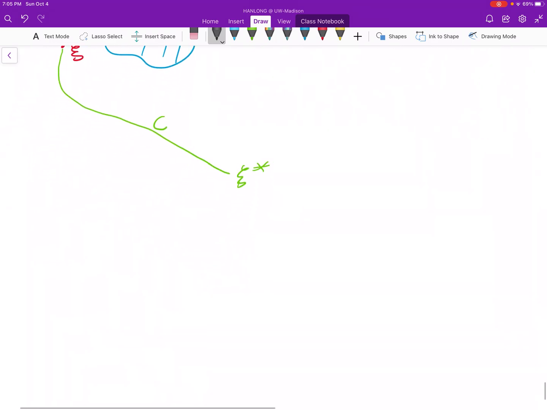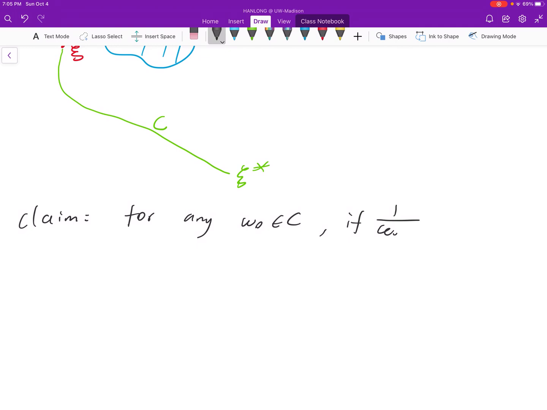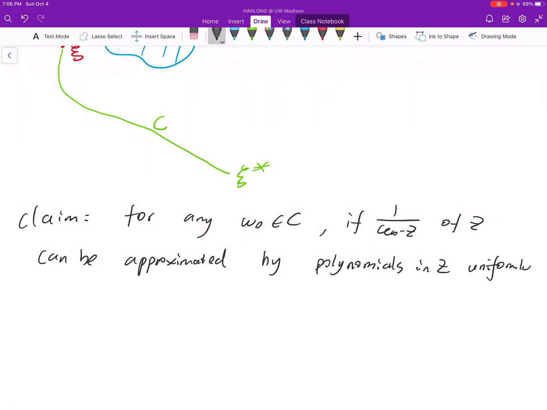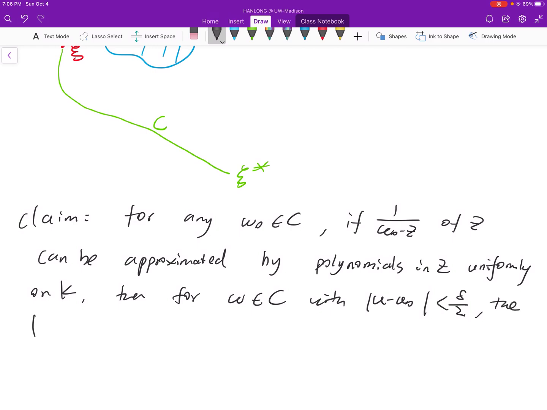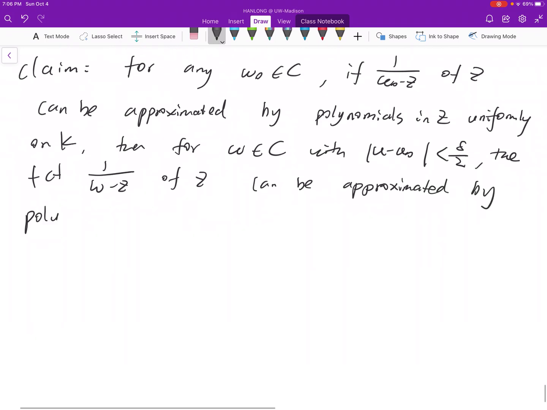Okay, now we have the following claim. For any omega_0 in C, if 1 over (omega_0 minus z) can be approximated by polynomials in z uniformly on K, then for omega in C with |omega minus omega_0| less than delta over 2, the function 1 over (omega minus z) can be approximated by polynomials in z uniformly on K. So, the claim.